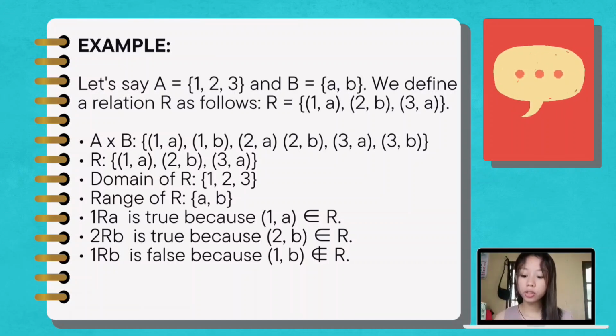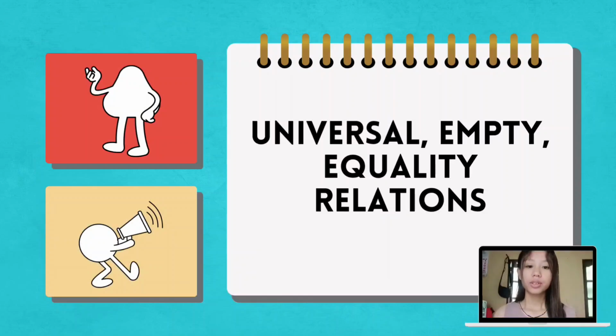It is false because ordered pair (1,B) is not an element of R. So you can see in the example that the ordered pair of 1 is A and the ordered pair of 2 is B.